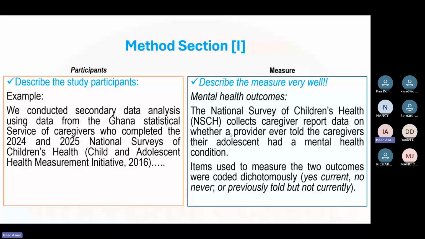Or if it is based on a binary outcome, let's say yes or no, please come out clearly and let us know how you did the measuring. It is very, very important. It gives credibility to the research that you have conducted.